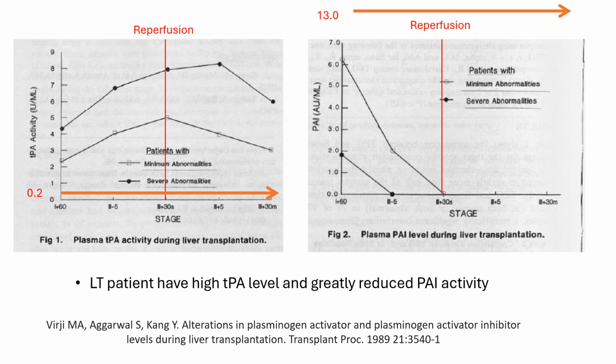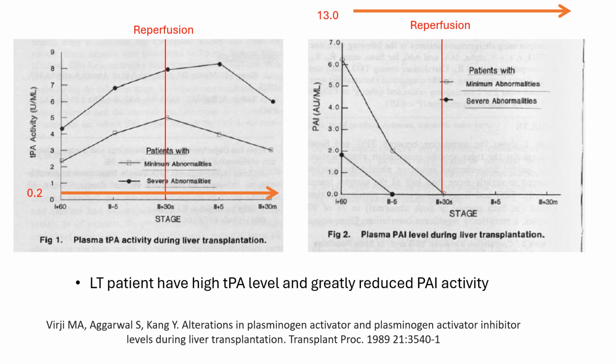On the right side, looking at figure 2, we can see the plasma PAI level during liver transplantation. The reference range is marked all the way up in an orange arrow, and it's 13.